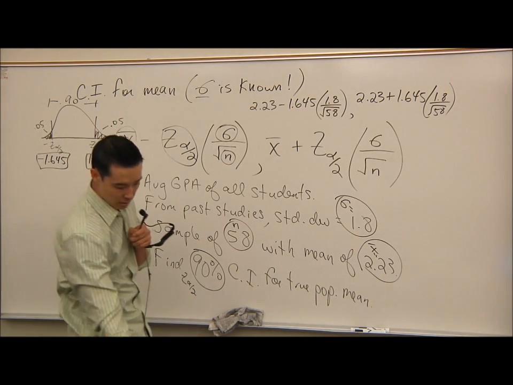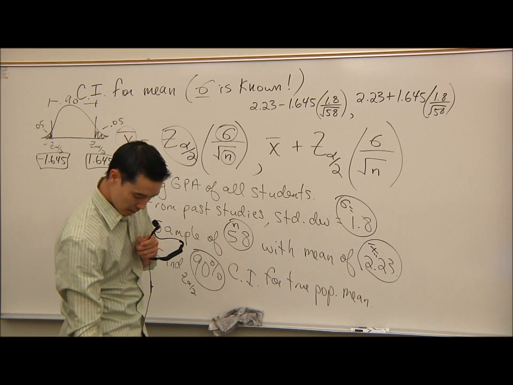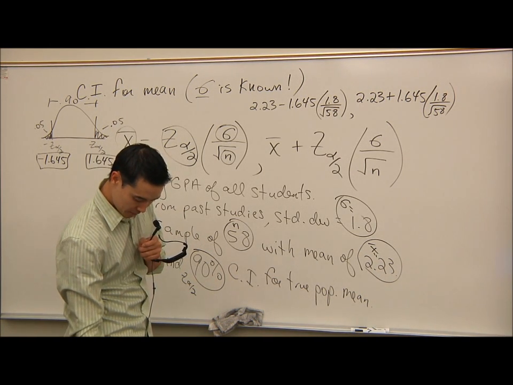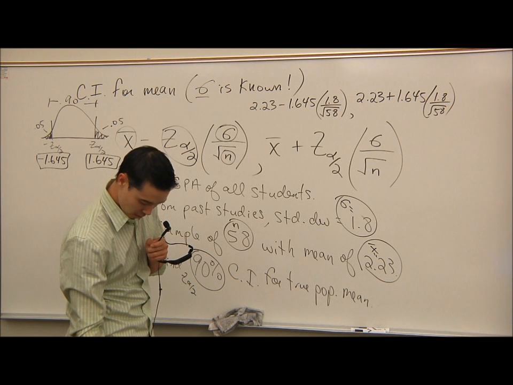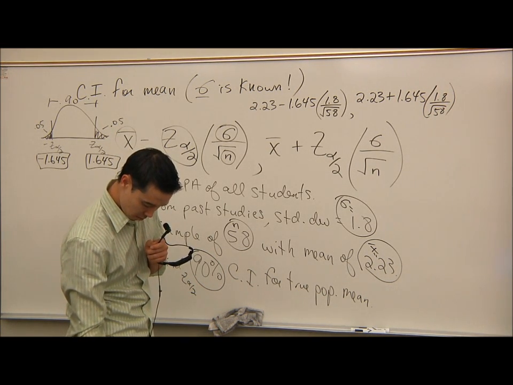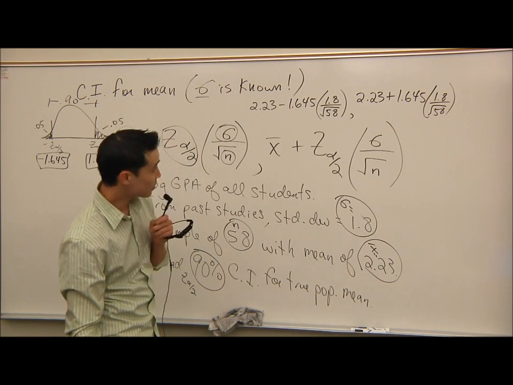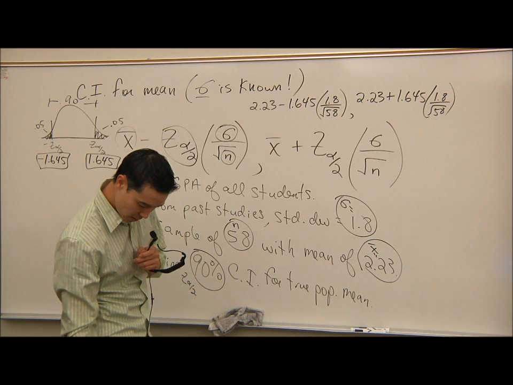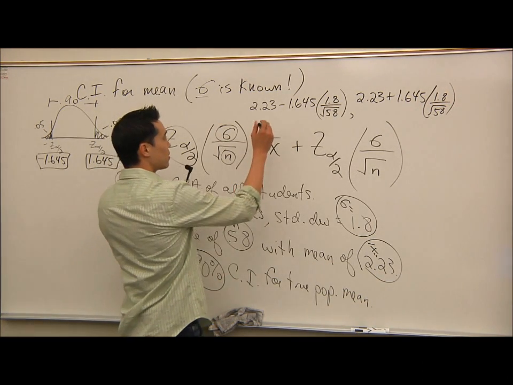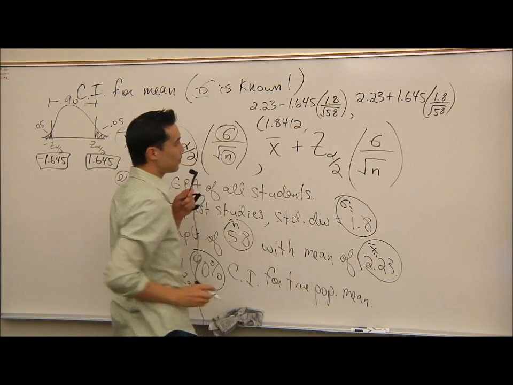Go to your calculators. And let's go ahead and go out 4 decimal places on both of these. Be careful with these fractions. So 2.23 minus 1.645 times 1.8 divided by square root of 58. I'm getting about 1.8412. So my left bound is 1.8412, comma.